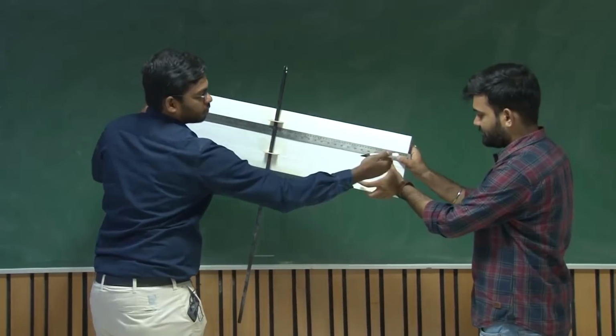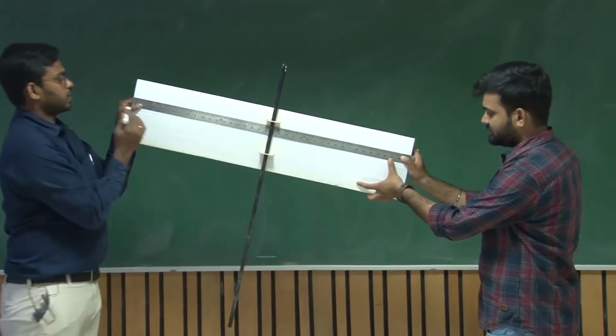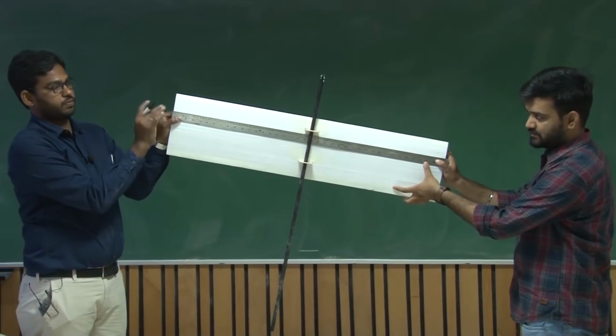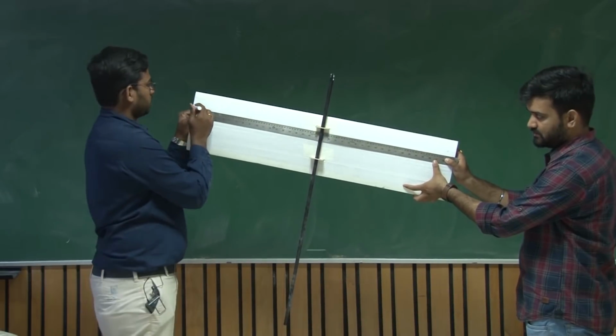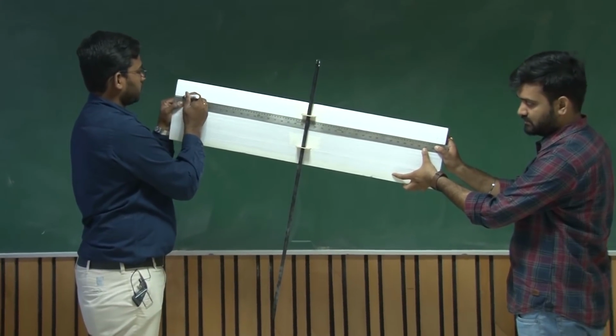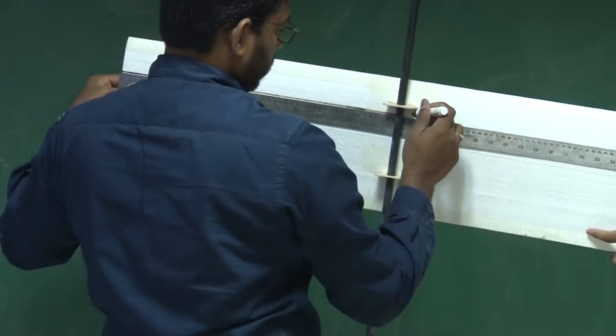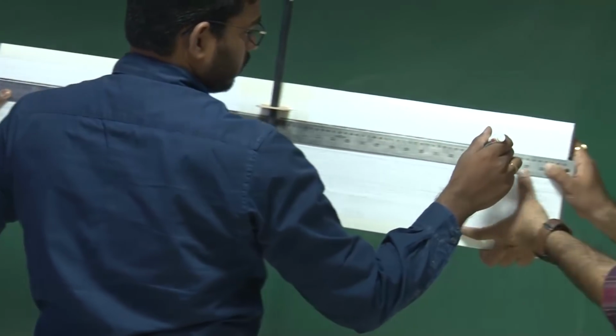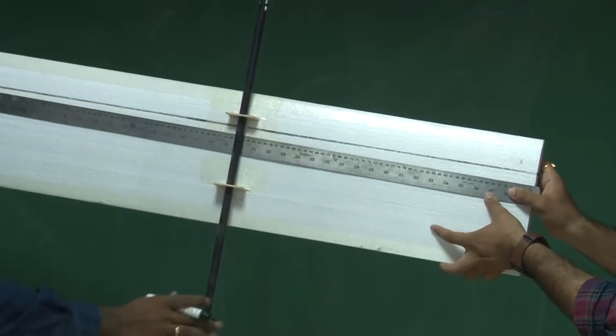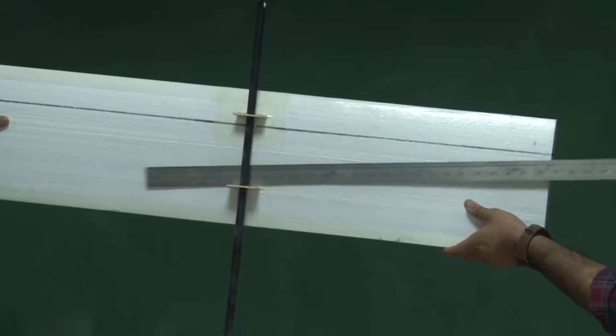So this line, which is connecting the aerodynamic center from tip to tip, is going to represent the aerodynamic center of each and every aerofoil and the entire wing, right?